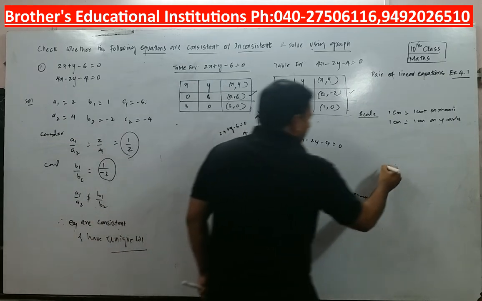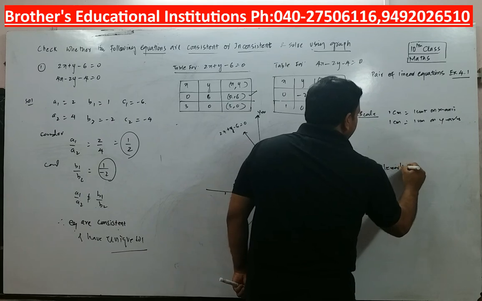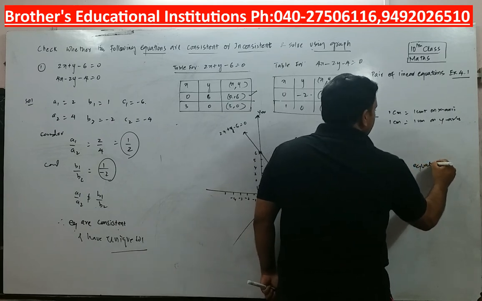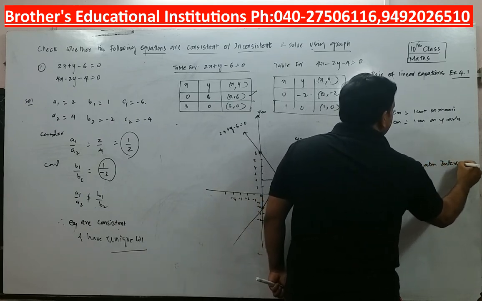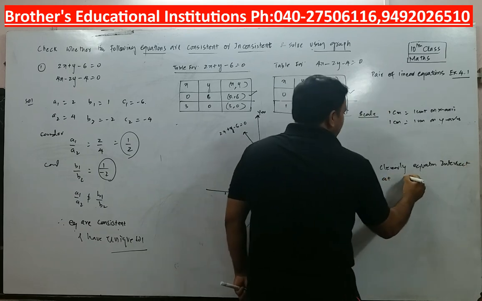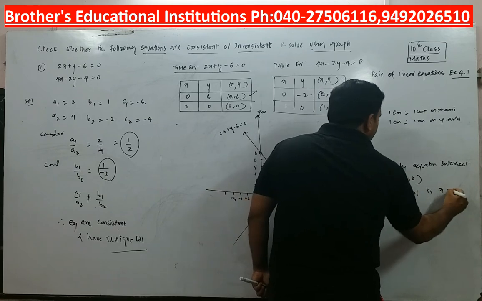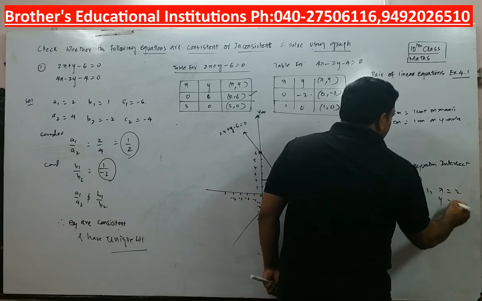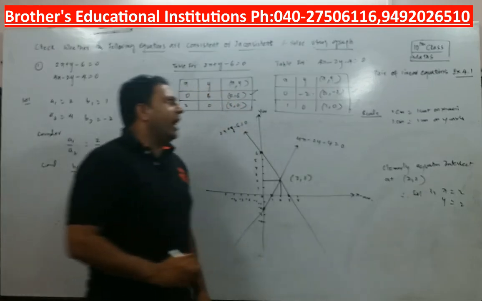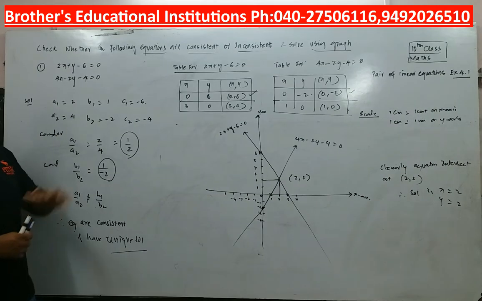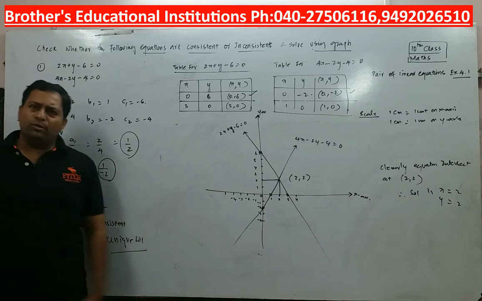So you will say clearly the equations intersect at 2, 2. Therefore, the solution is, what is x coordinate? 2, and what is y coordinate? 2. Right? So I am sure you understood how you are going to solve a problem graphically when it is given to you, right?